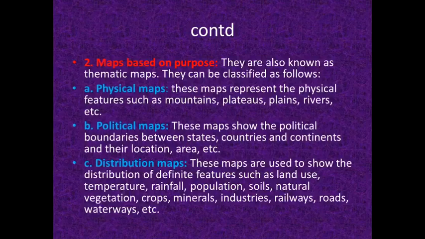These maps are used to show the distribution of definite features such as land use, temperature, rainfall, population, soils, natural vegetation, crops, minerals, industries, railways, roads, waterways, etc.